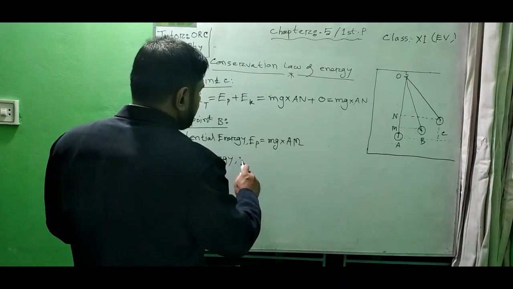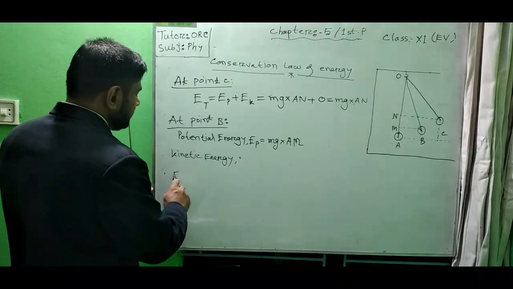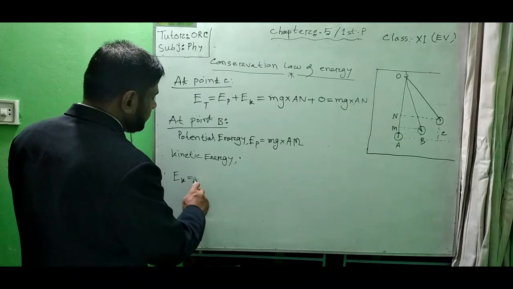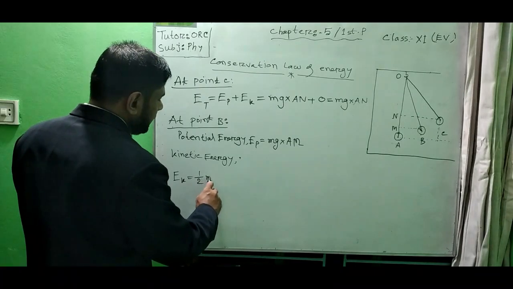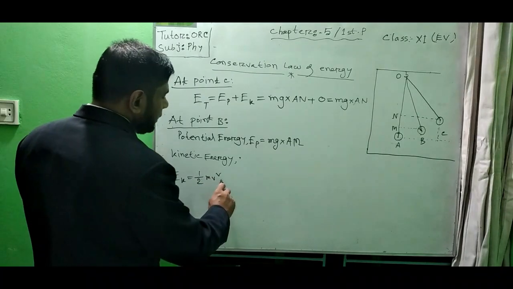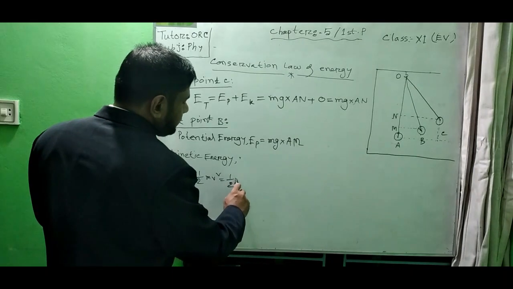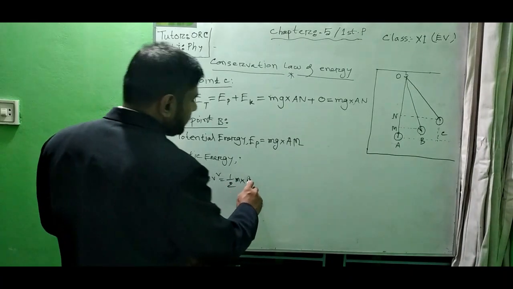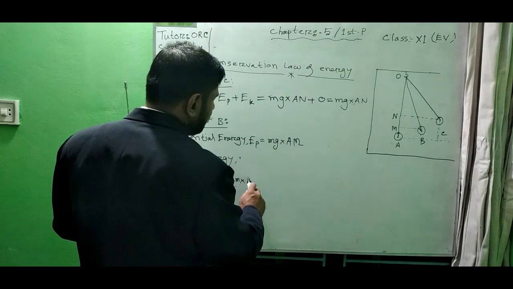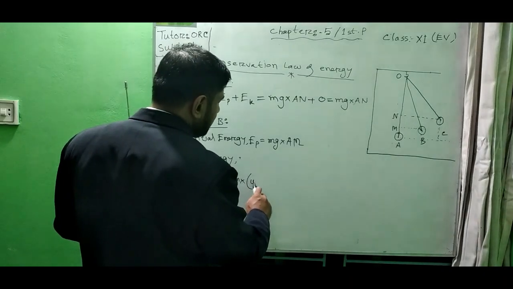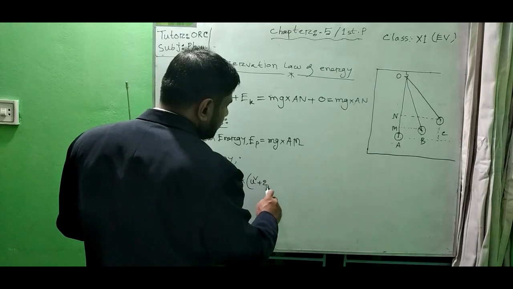So the value of kinetic energy here is equal to half m v square. Again we know v square equal to u square plus 2as.